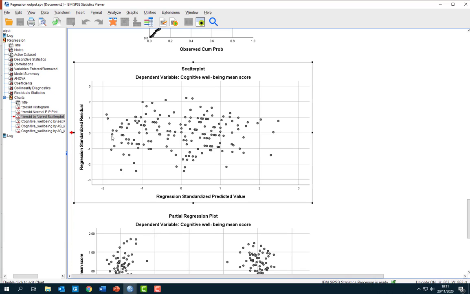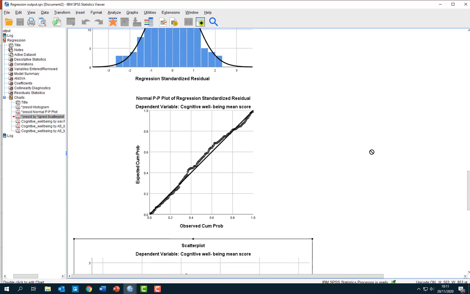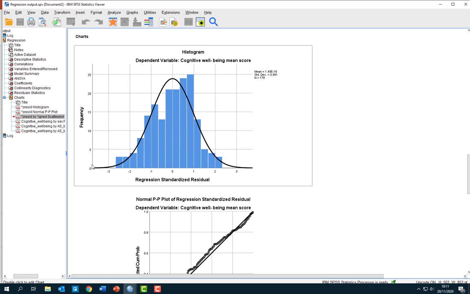If we have an issue with normality, what we'll tend to see is that the tails of the residuals are not symmetrical. We've got that potentially slightly here, but normality can be the hardest one to assess using this graph, which is why we can ask for a plot of the standardized residuals and test normality much more clearly. What we can see is that we do have some skew, which is what that overall scatter plot suggested, but it's not too substantial.